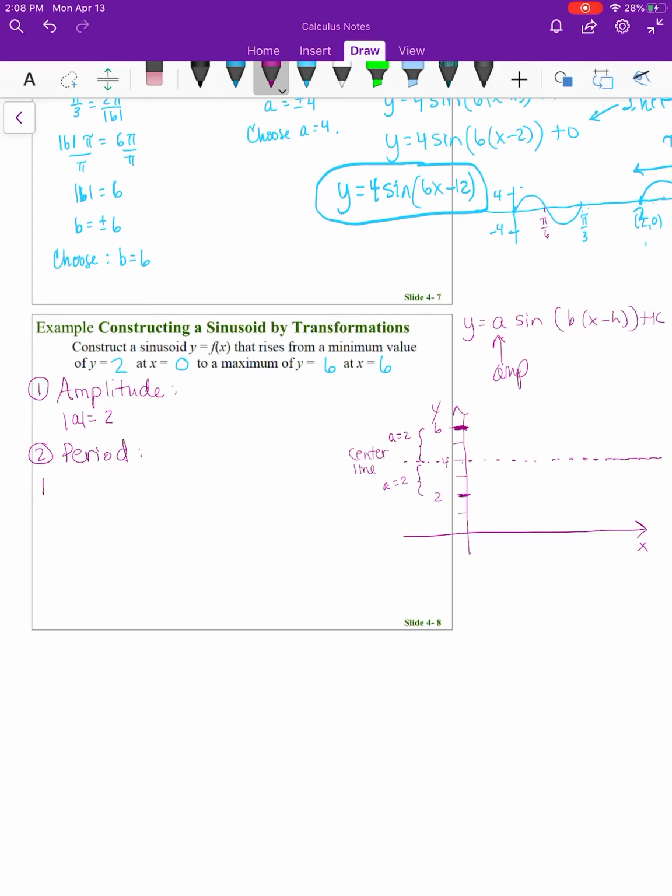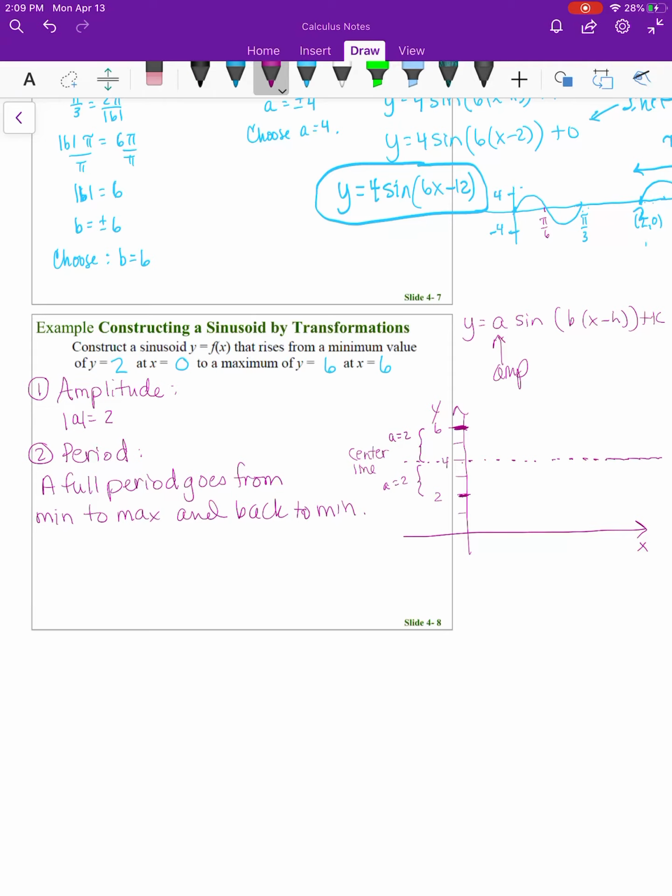And let's think about what our period is, or what the definition of a period is, okay? A full period, by definition, goes from min to max and back to min.